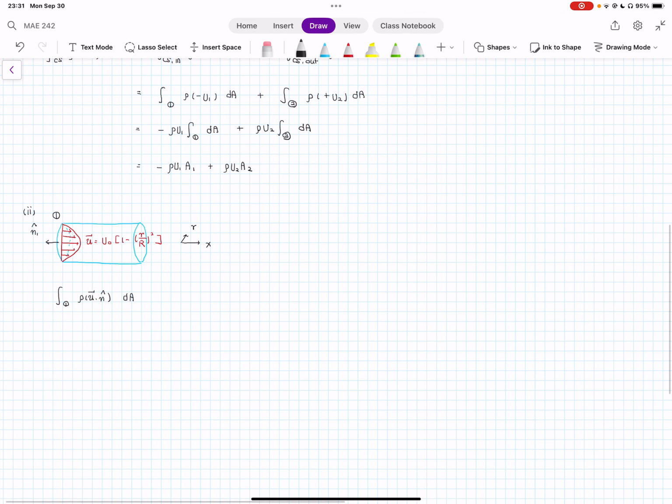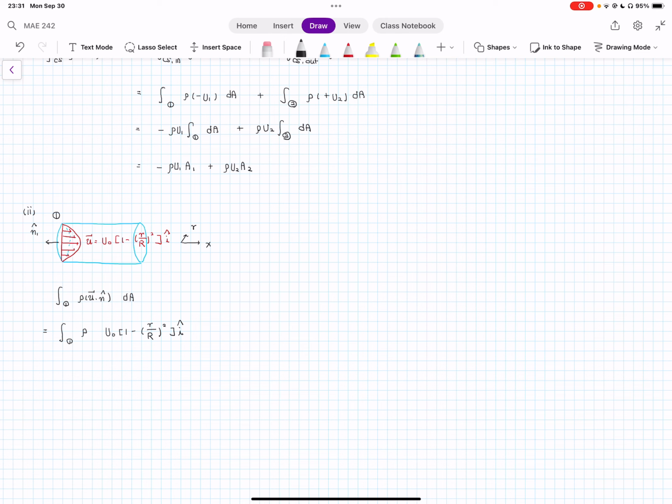So again, let's follow the procedure. On the surface 1, so density. So here, u dot n is, by the way, a vector notation, so I actually need the elementary unit vector along the x direction. That's i. So then my velocity u is going to be u naught times 1 minus lowercase r over uppercase R, squared, times the elementary unit vector along the x direction.